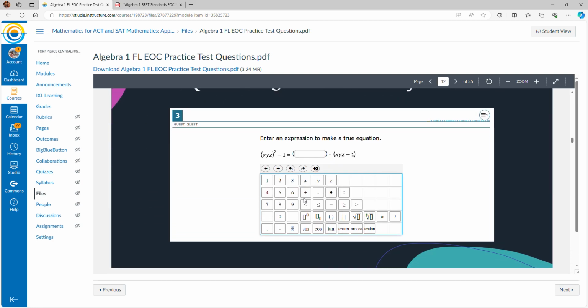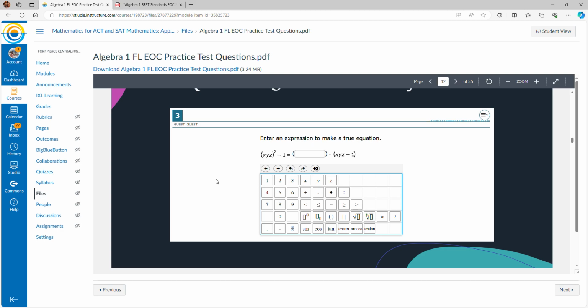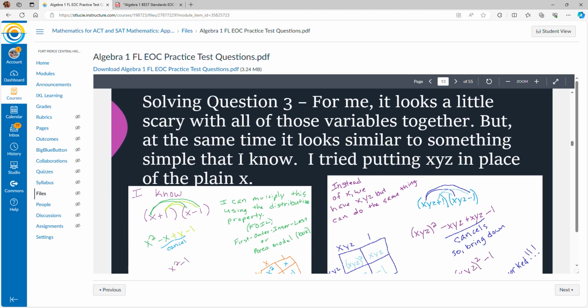And then question number 3, how would you solve it? Enter an expression to make a true equation. On this one, when we looked at this in class, we said that this is a type of factoring that looks like an easier question that we know, which is factoring with a special case.